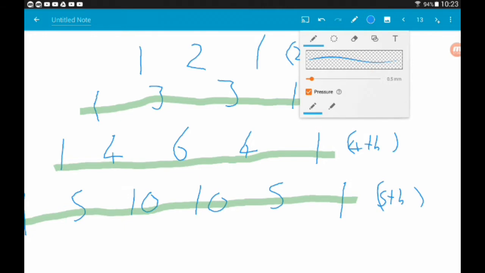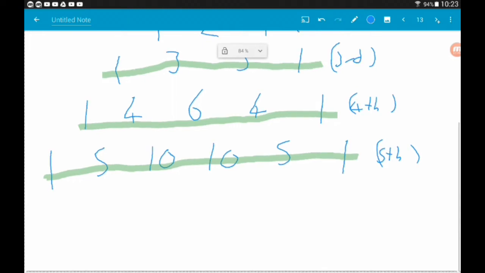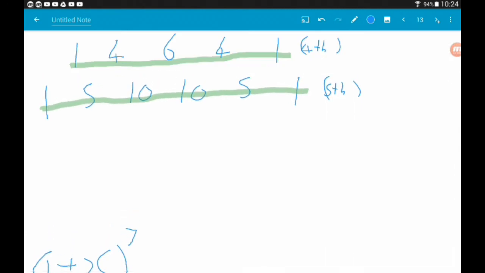So let's use Pascal's triangle to do the expansion of 1 plus x to the power of 7. So up to now, with Pascal, we've got powers up to our 5th row. For the expansion to the power of 7, we are going to need the coefficients in the 7th row. So we need to build up our triangle a little bit more.